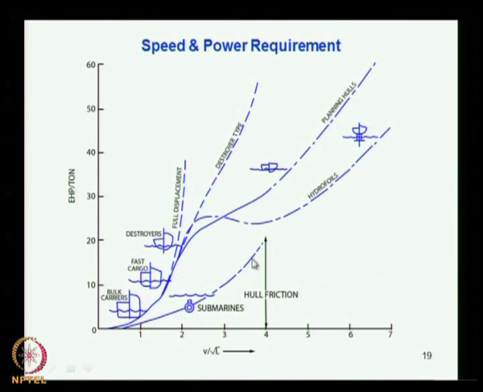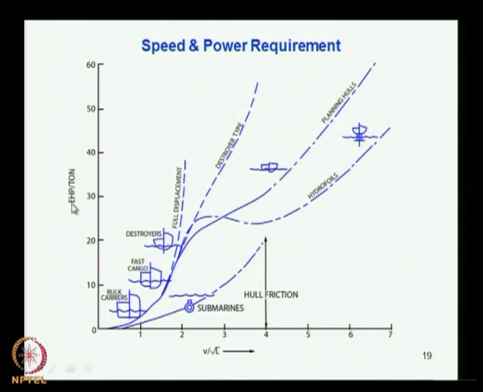So here this is a comparative study. This diagram shows a comparative study between the various types of vessel. You can see a bulk carrier here at the bottom, then fast cargo vessel, destroyers. Most of these vessels come under the displacement type. You see the displacement type of vessel, resistance going up.